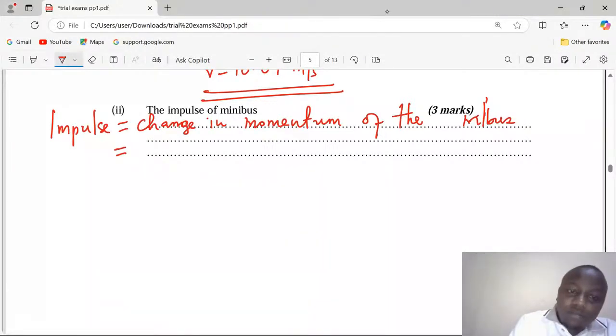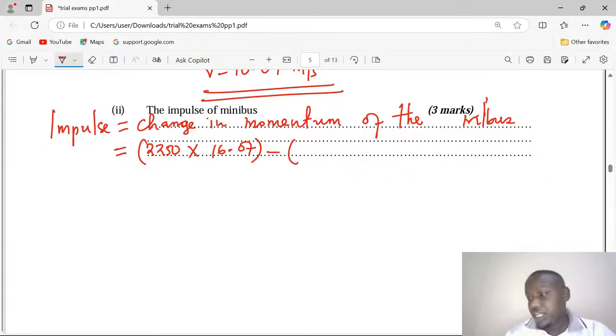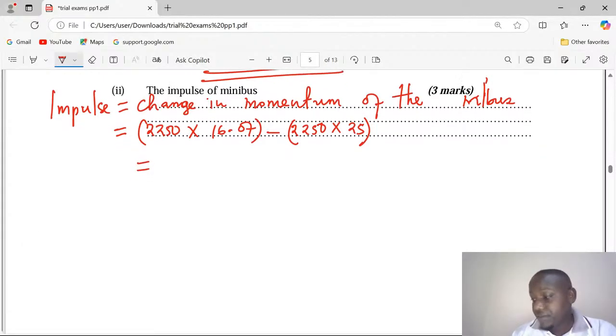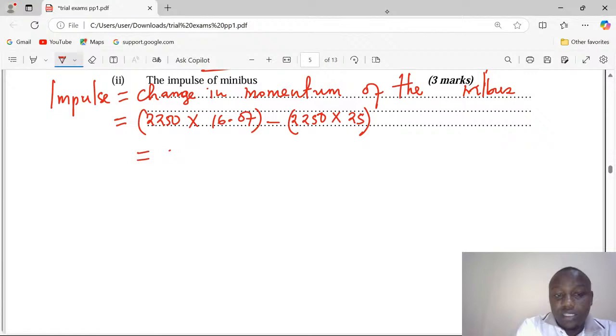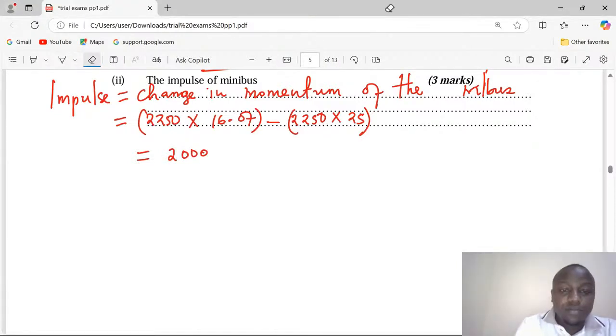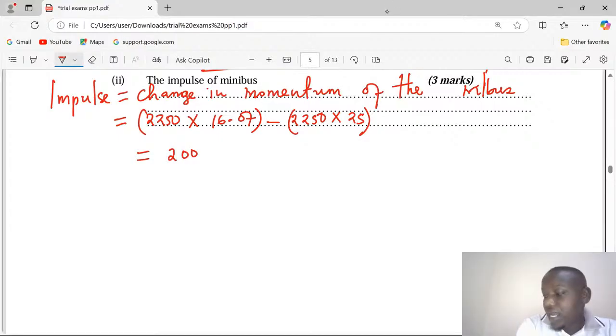Change in momentum will be final momentum, 2250 by the speed the minibus is moving at, minus initial momentum, 2250 by 25. This is going to give us impulse, which is negative 289.3.